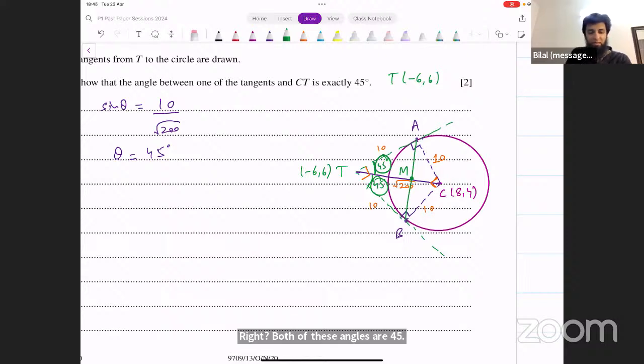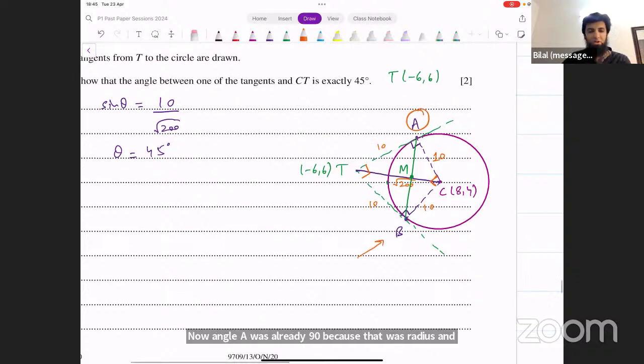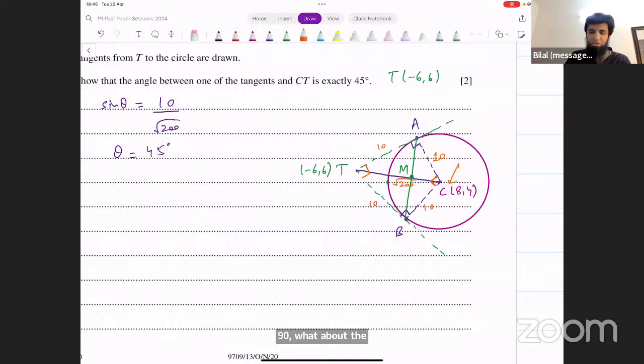The total is 90. So that means this angle here at the point T is 90. Now, angle A was already 90 because that was radius and tangent. Angle B was also 90 because that was also radius and tangent. 3 angles are 90. What about the 4th angle then? That's also supposed to be 90.